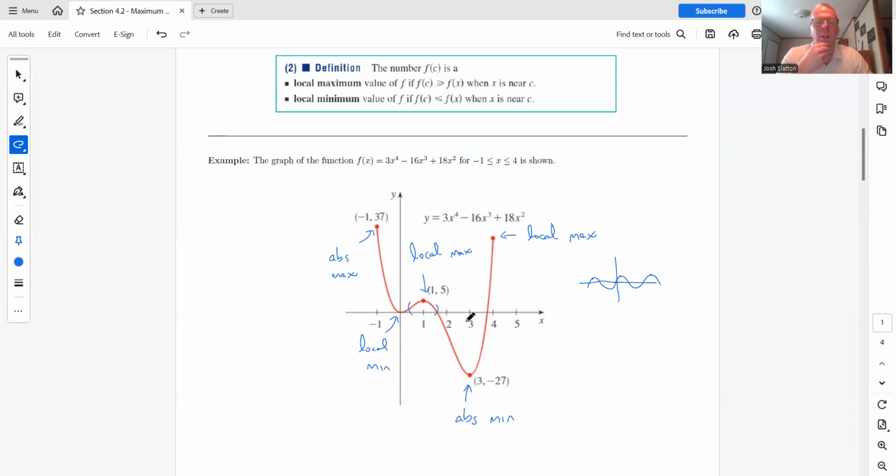So the absolute is the absolute biggest or the absolute smallest. The local max is just around that point. It's going to be the biggest or the smallest. You can just find those wherever the curve changes direction, and that will give a local max or a min. But again, like I said, this is pretty intuitive as far as what we're talking about. So nothing too abstract here.